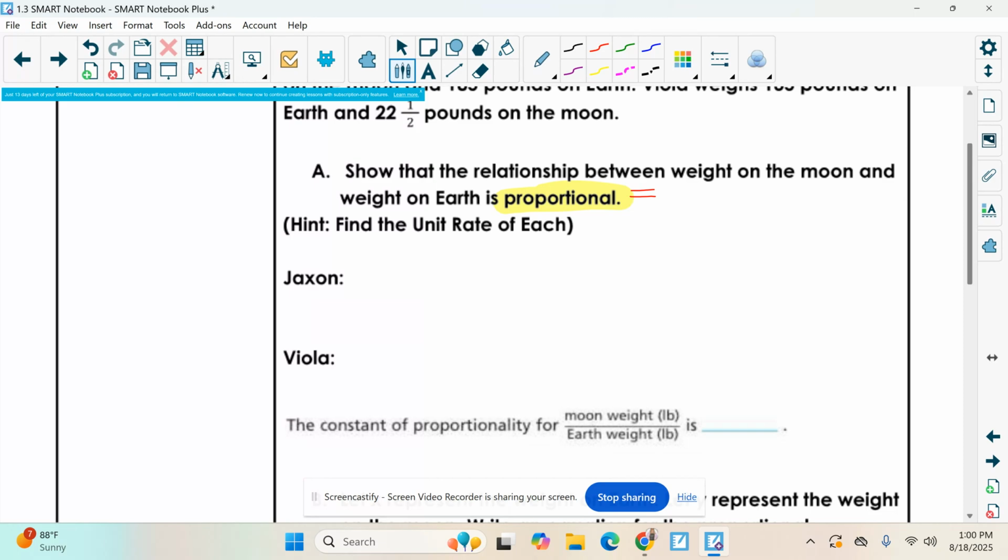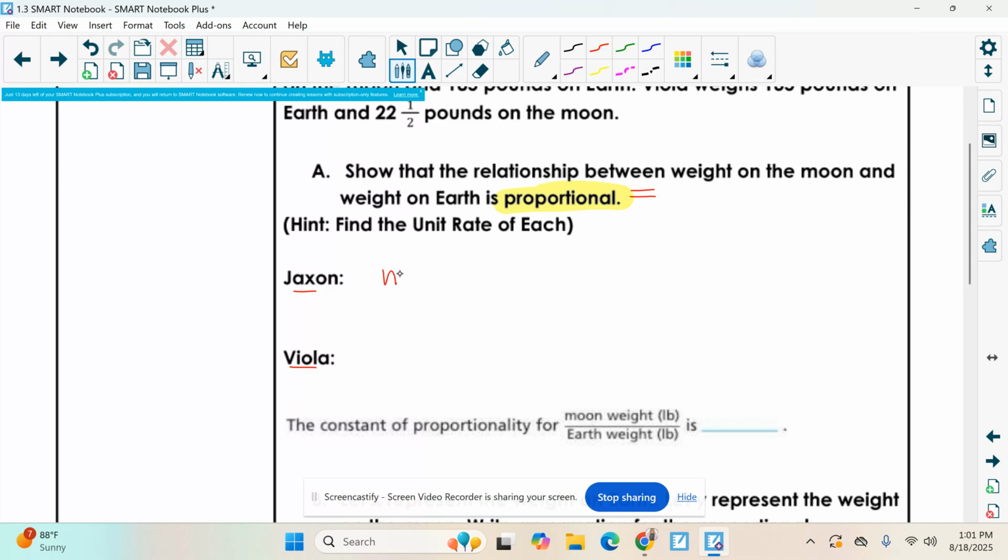Well, we used them as fractions, or you can put them in a ratio box. So we've got Jackson versus Viola. So we're comparing two things. What are we comparing? We're comparing Jackson and Viola, but what two things? Weight on the moon versus weight on the earth.